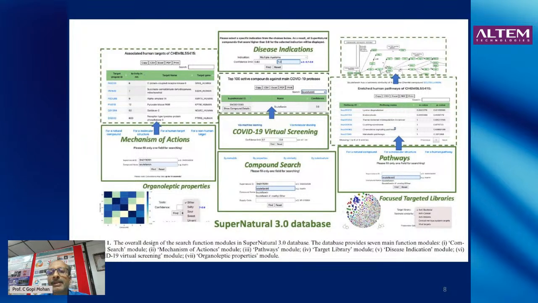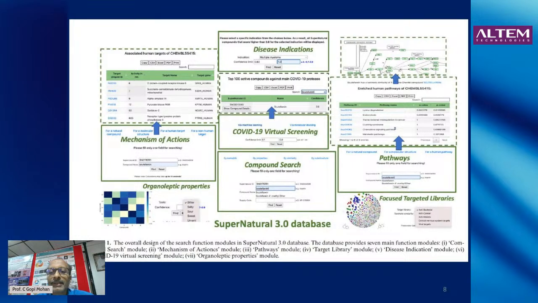It is also integrated with different systems biology pathways, like human pathways and KEGG pathway analysis, showing which proteins are interacting in the downstream signaling mechanism of the particular compound or the particular protein of interest with respect to the particular natural product.